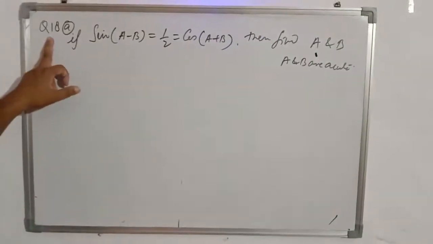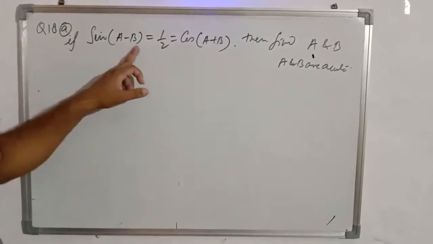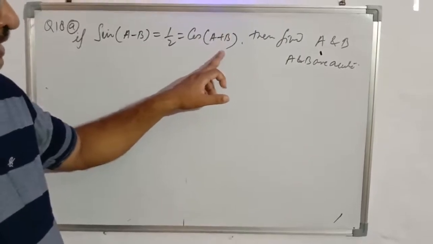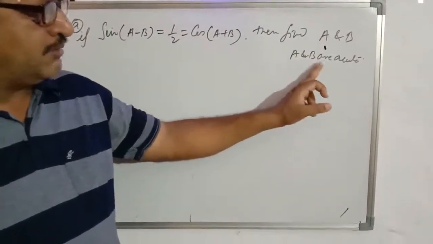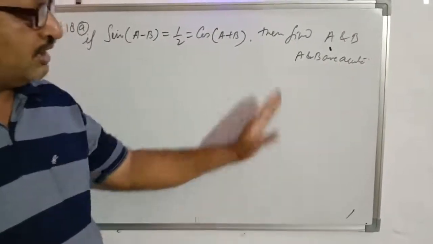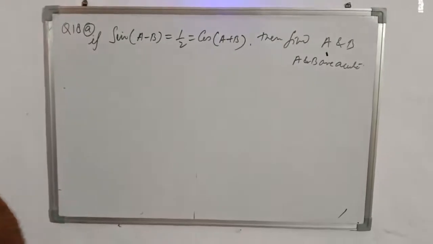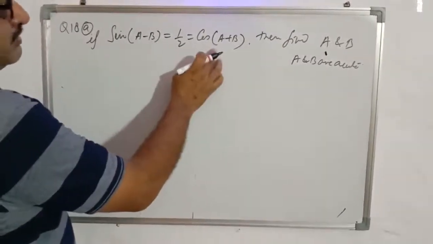See question number 18, first part. If sin(a minus b) is equal to 1 by 2 is equal to cos(a plus b), we have to find the angles a and b, where a and b both are acute angles. Acute angle means between 0 and 90. So a trigonometric equation is given.